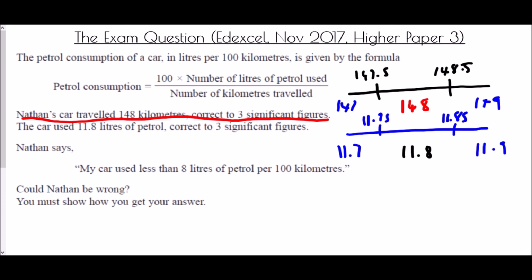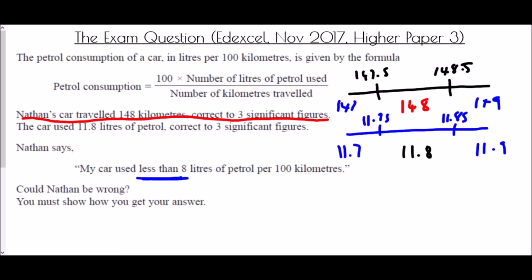And it says, Nathan says that my car used less than 8 litres of petrol per 100 kilometres. Could Nathan be wrong? Well, what we need to do here is he said used less than 8. So what we want to show is, is it possible that this could be greater than 8?